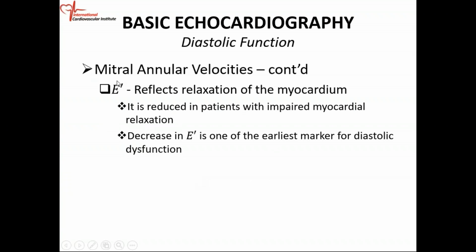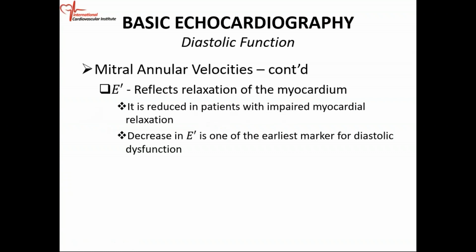It's very important to recognize that your E prime reflects relaxation of the myocardium. So the myocardium relaxes in diastole to fill with blood. So your E prime reflects relaxation of the myocardium. It is reduced in patients with impaired relaxation.